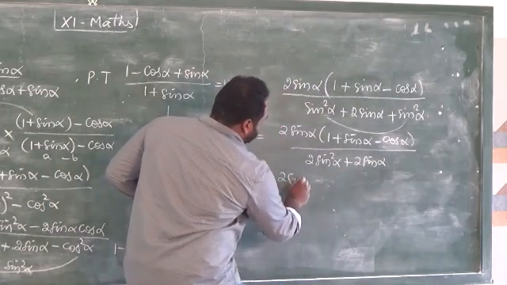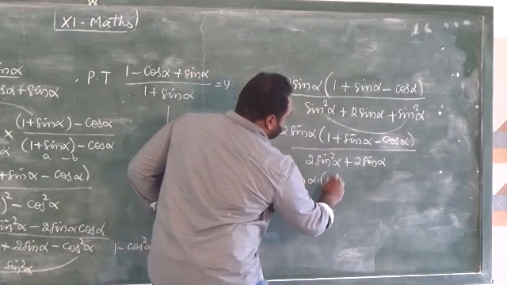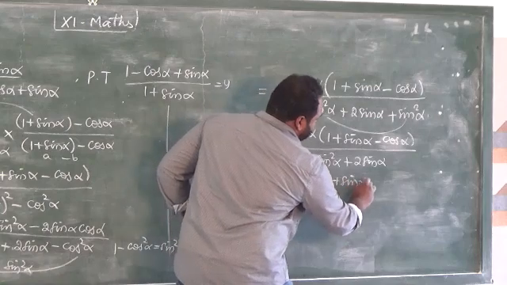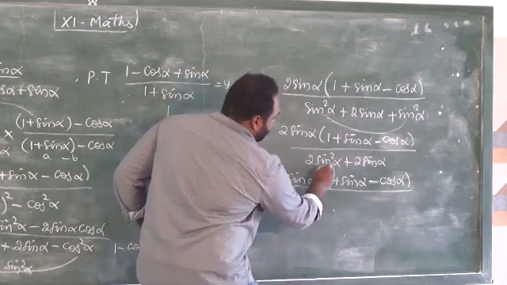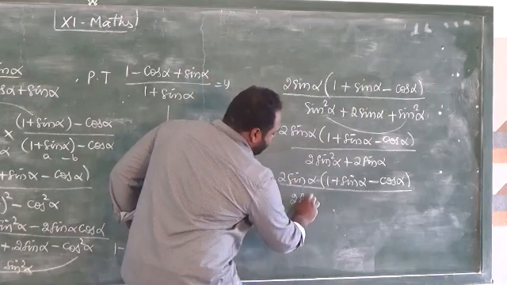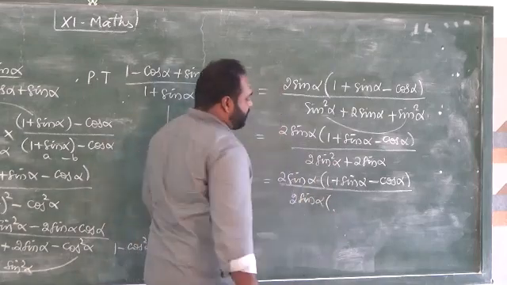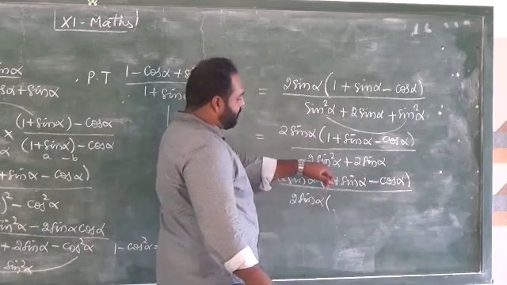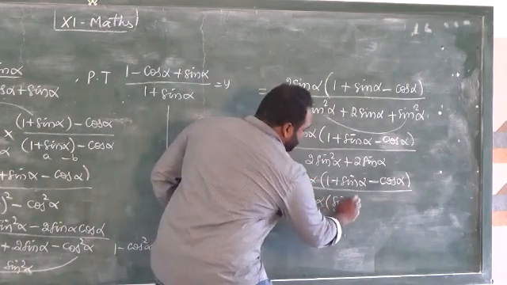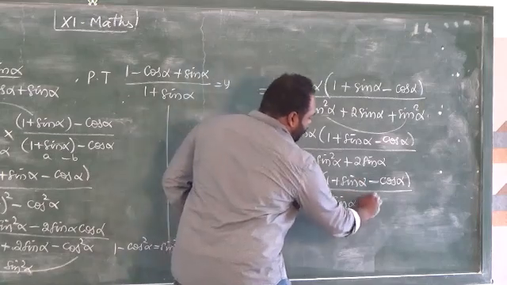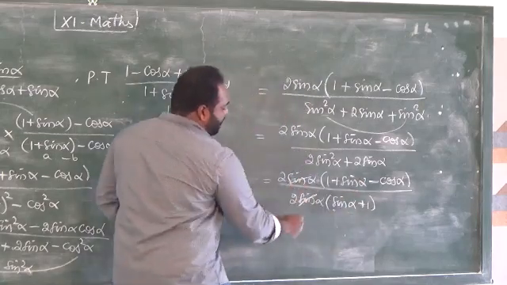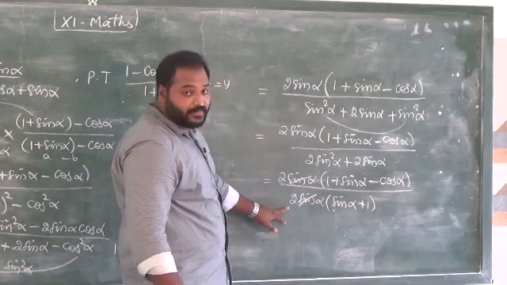So 2 sin alpha into 1 plus sin alpha minus cos alpha, whole divided by, if I take 2 sin alpha commonly outside in this denominator, 2 sin alpha came out, remaining only sin alpha, plus 1. So the 2 sin alpha in the numerator and denominator will cancel.